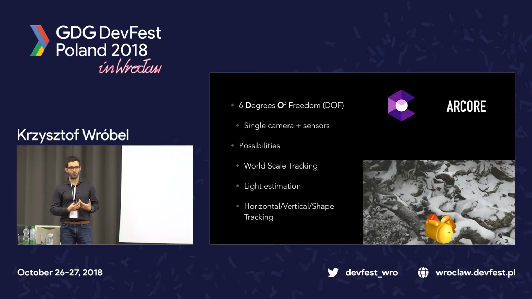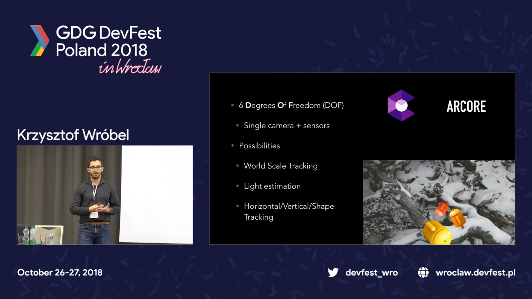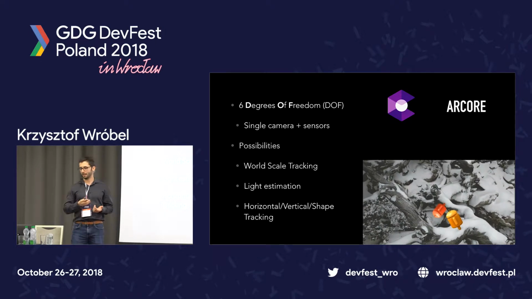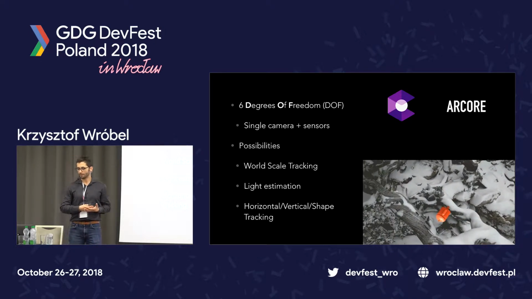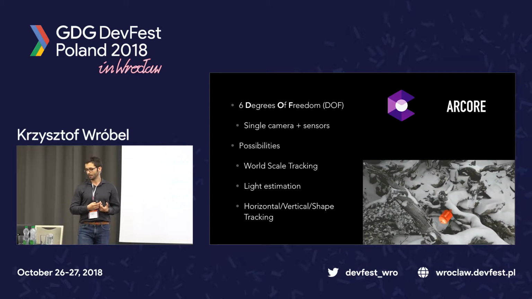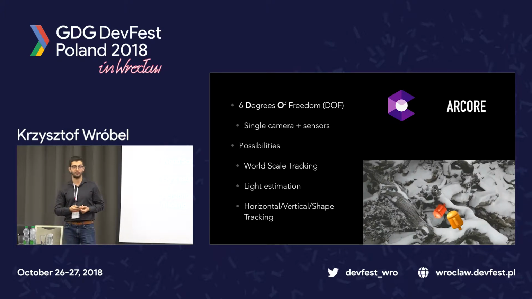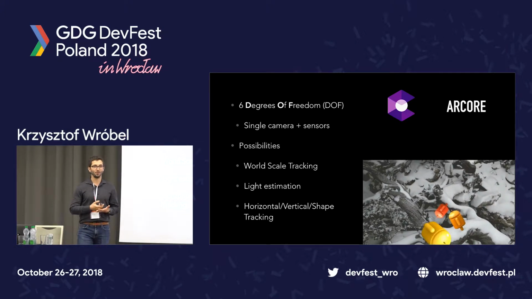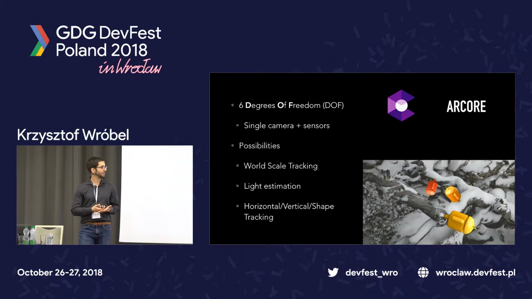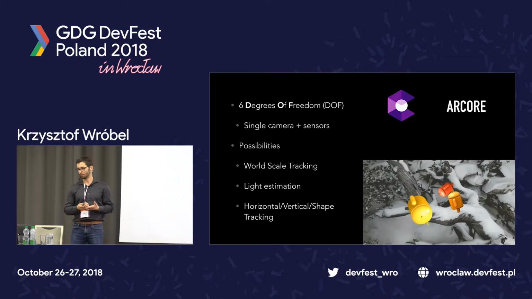ARCore has even more possibilities because it also estimates light, and you will see later in the examples why that is useful. It tracks horizontal and vertical planes, and it's all done using only a single RGB camera from your phone and its sensors, the accelerometer and gyroscope.